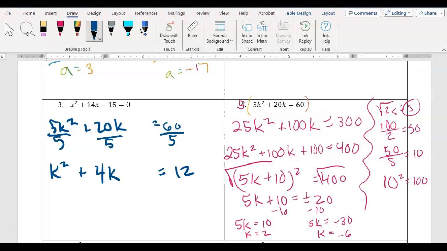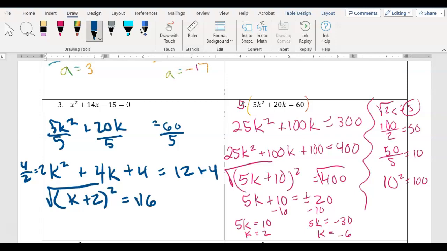Now I can complete the square by taking half of 4 and squaring it, which is plus 4 on both sides, we'll get k plus 2 squared equals 16. Take the square root of both sides, and we get k plus 2 equals plus or minus 4.